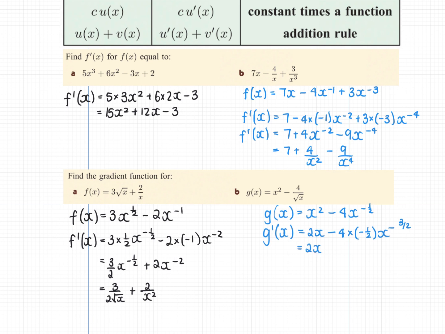So 2x, and 4 divided by 2 gives me 2, and with 2 negatives, that becomes a positive 2x to the negative 3 over 2. And once again, we could write it without the negative indices, so it would become 2 over x to the 3 on 2.